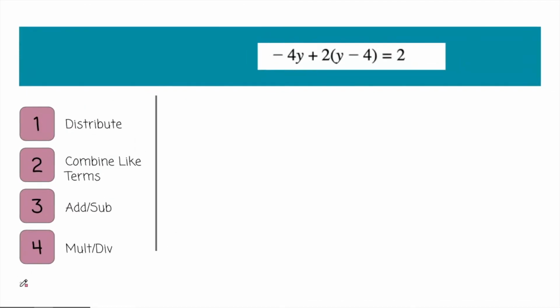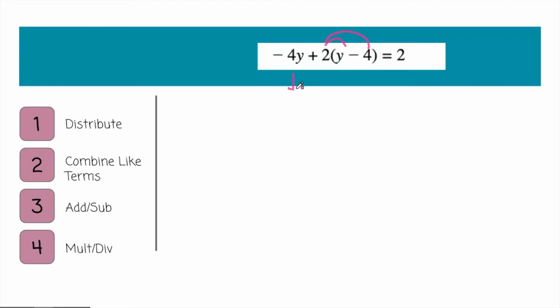In this problem, I have negative 4y plus 2 times the quantity y minus 4, which all equals 2. Before I start solving for the variable, I first want to simplify the left-hand side of my equation. I'm going to do that by distributing my 2. My 2 is going to get distributed to everything in parentheses.